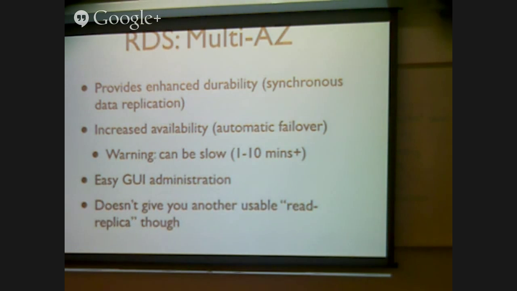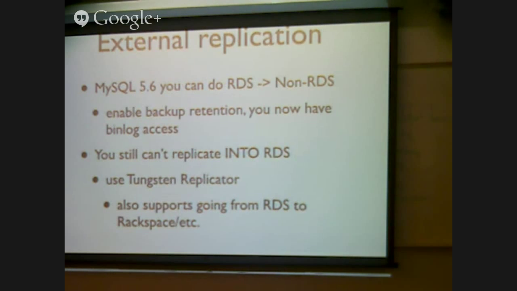It can take up to 10 minutes. And even creating a new instance, even with a 5 GB database, can take 5-10 minutes easily. The GUI is by far the best, but the replica sets in RDS don't give you a usable read replica. That's why the cost is only about 50% of what another machine would cost. So that's why I say it's probably DRBD underneath.